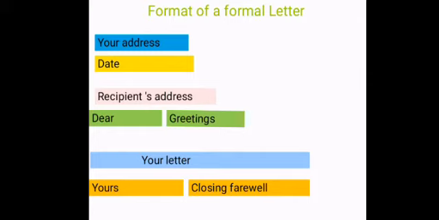I am again telling you the format of a formal letter. First of all, you will write your address, then the date, then the recipient's address. You can start with dear or greetings. Then your body should be in the middle. And last, you have to write the closing farewell.